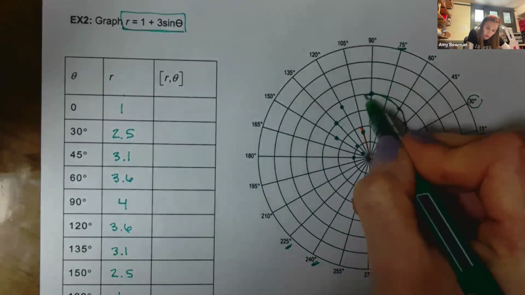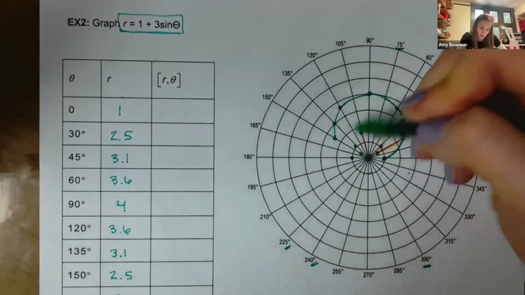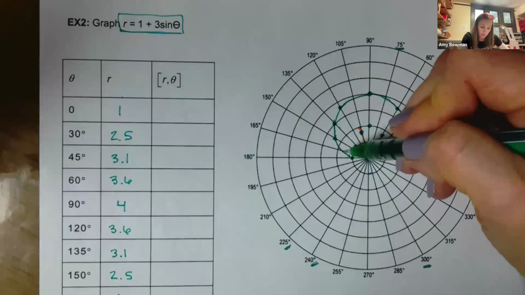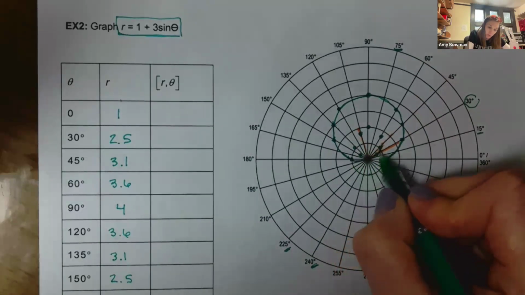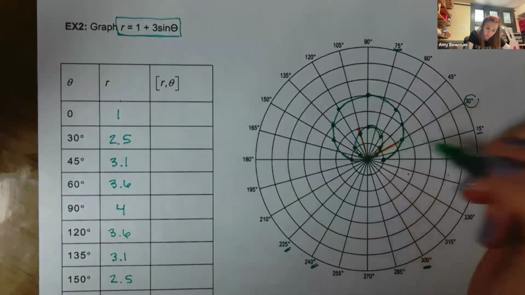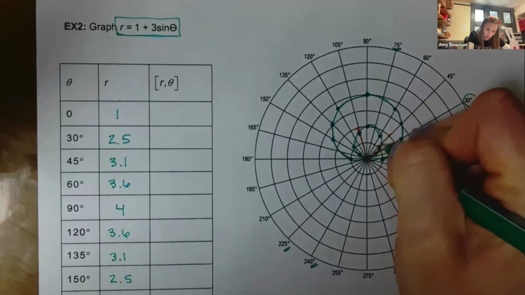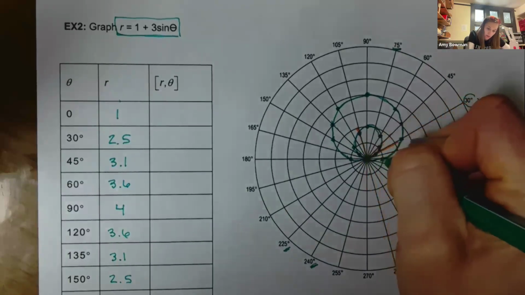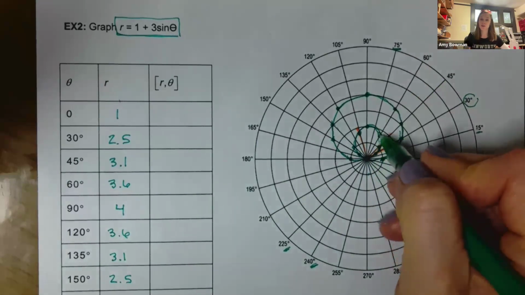And then once we get down here to these values that went negative, we've got this inner loop of this figure. It kind of reminds me of a shell for some reason, or a bead. Okay, so we've got this funky graph of a circular thing with an inner loop.